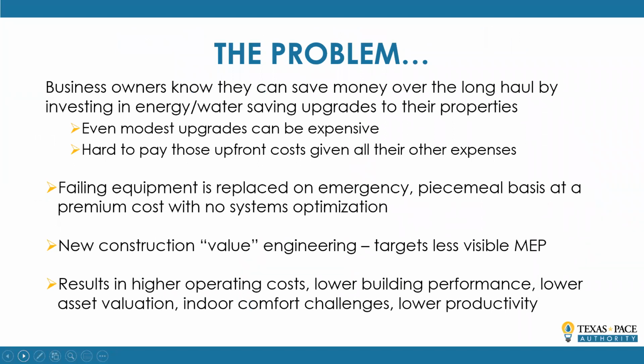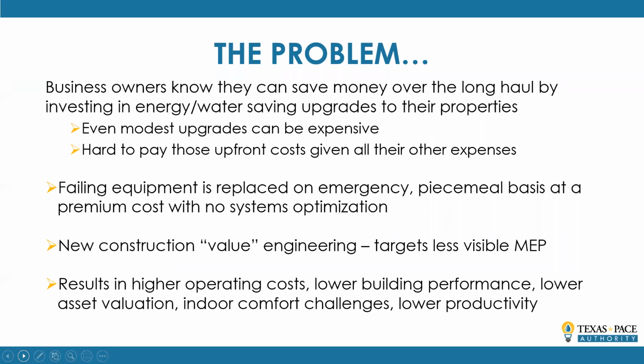And the problem that PACE was designed to help resolve is this one. And that is that business owners, property owners know that they can save money over the long haul if they make investments in higher efficiency energy and water systems to their properties. But these upgrades can be expensive, and they have a lot of competing priorities for their budgets.